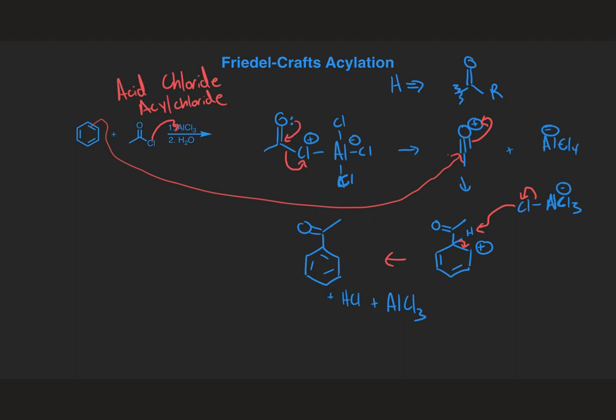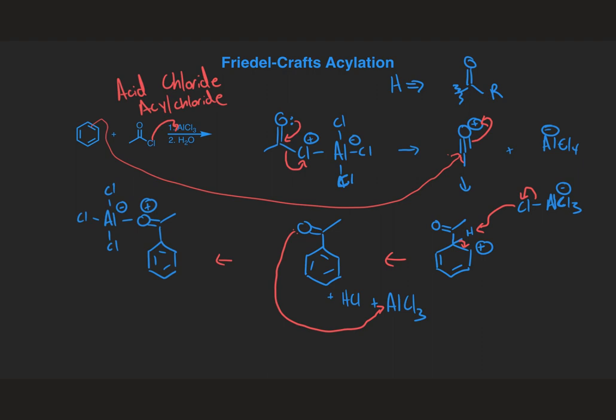And you'll notice that in this reaction we have a second step that involves water. This is because the electrons on this carbonyl that we just generated can complex to aluminum here and form this intermediate. Like that. And this is where the reaction stops before you add water to it.